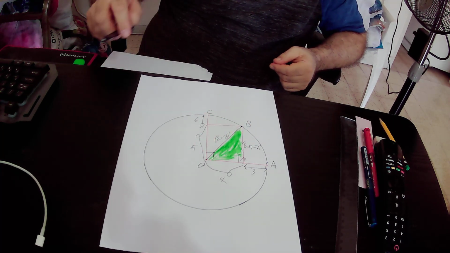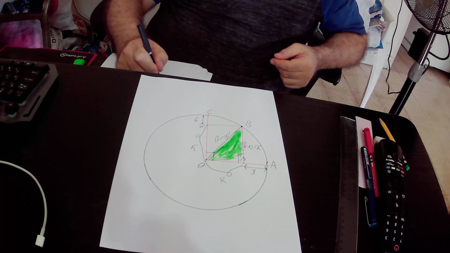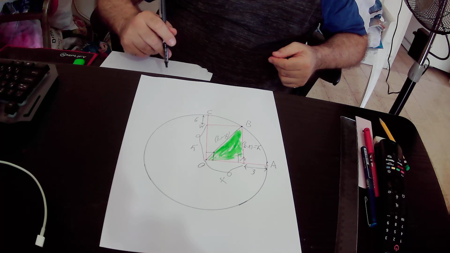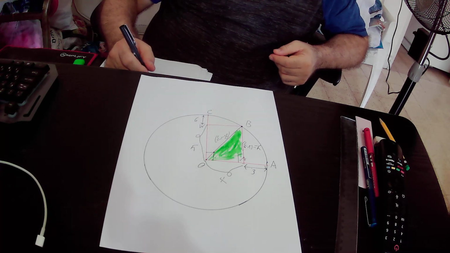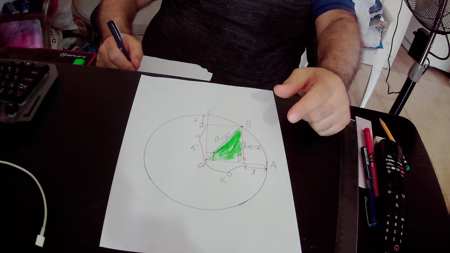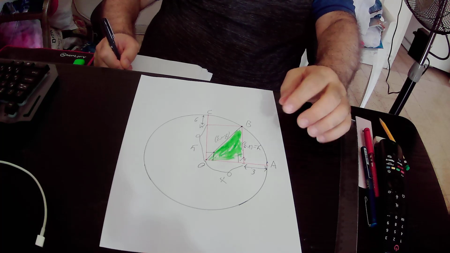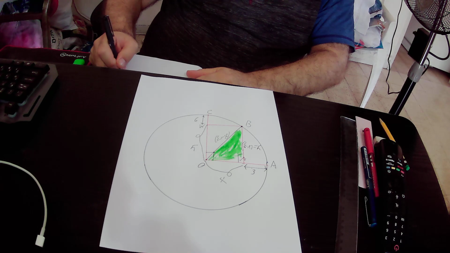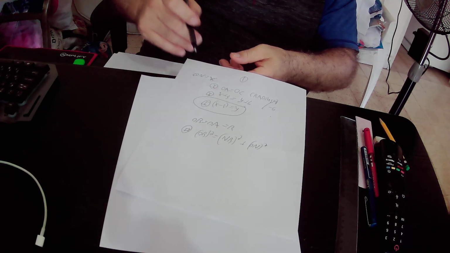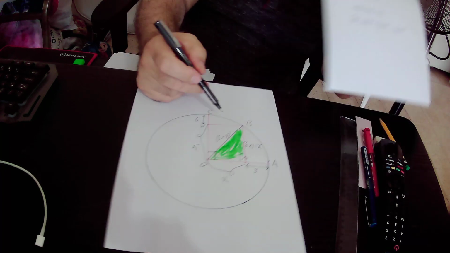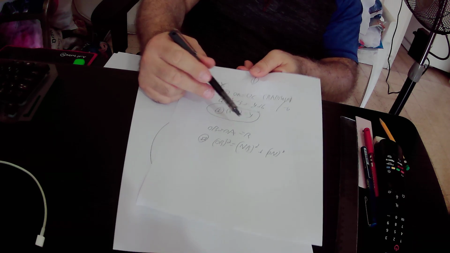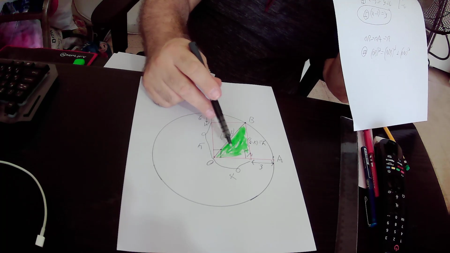So our second equation will be the implementation of the Pythagorean theorem in this green right triangle: OB square equals NB square plus ON square.